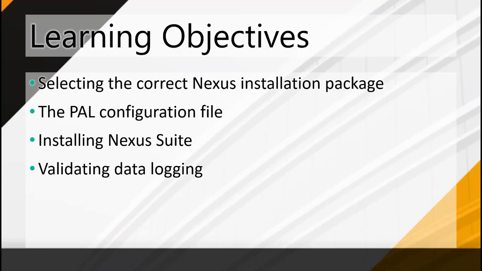There's an update to how this works. We're going to talk quite a bit about installing the Nexus Suite, which really isn't that complicated. And then we're going to talk about validating the logging of data, so you can actually see it happen live and make sure that you're getting the effect that you want to get.